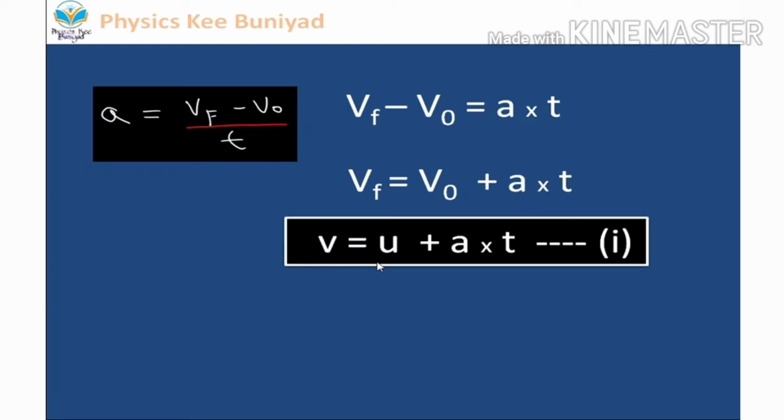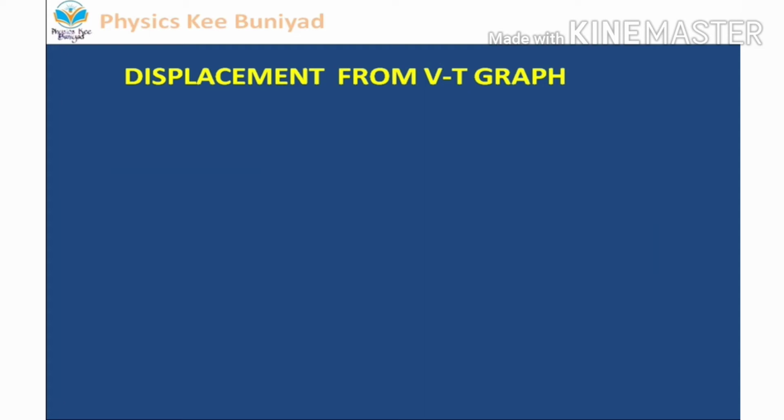This is the first equation of motion, the first kinematic equation of an accelerated body. Next we will derive the other two equations, because there are three equations of motion in total.